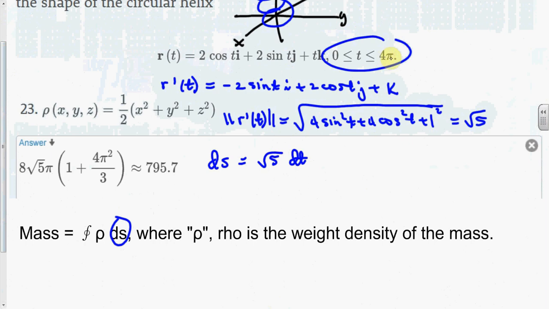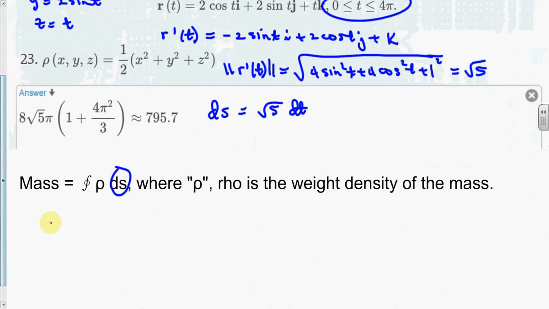So the weight density here is 1/2 times x squared plus y squared plus z squared. You see that x is given to be 2 cosine t, y is 2 sine t, and z is equal to t from the path vector r of t. Right? So we need that. Here we calculate the mass, and it's the line integral from 0 to 4 pi.